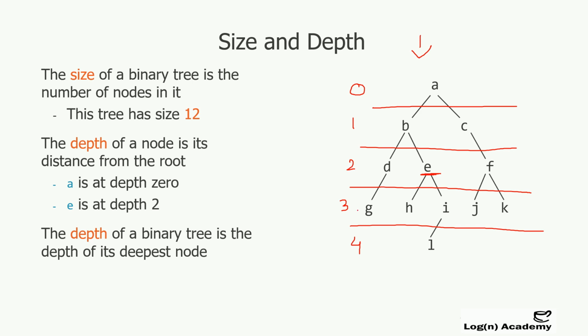So if I want to calculate the depth of this binary tree, I'll say 4 is the actual depth, because the deepest node is L, the last node. So to know the depth of any tree, I get the depth of the last node, and whatever that depth is, I call it the depth of the tree. This tree has depth 4, right?